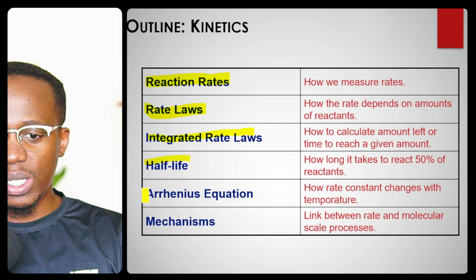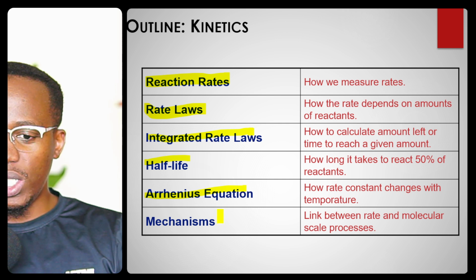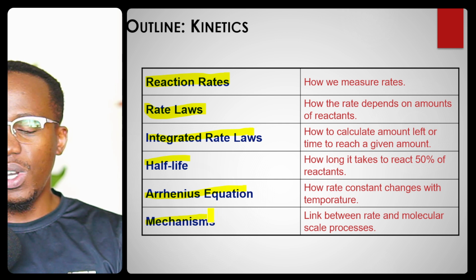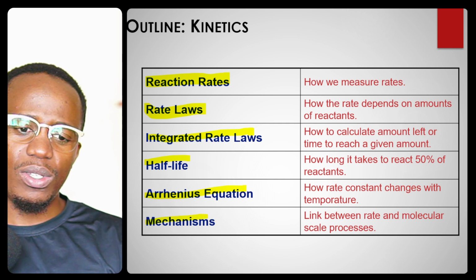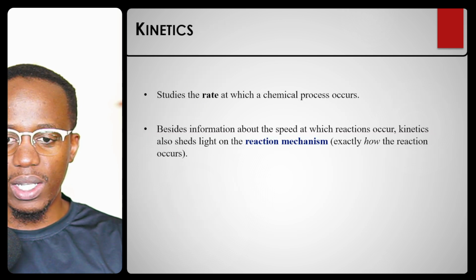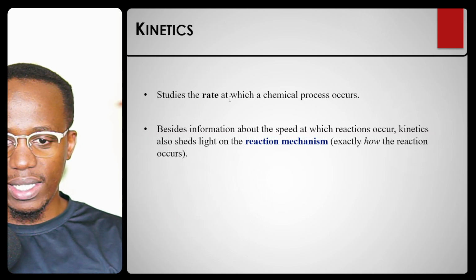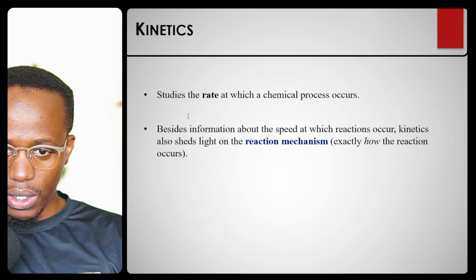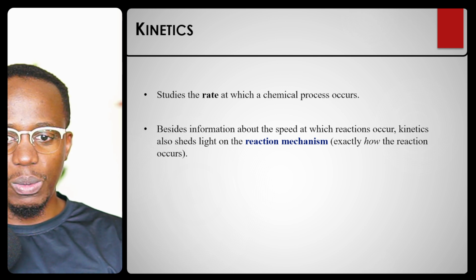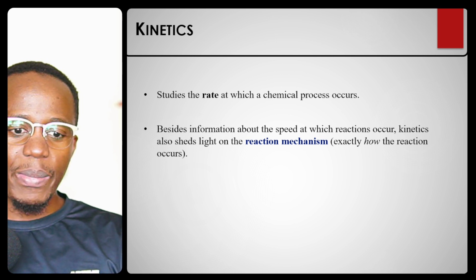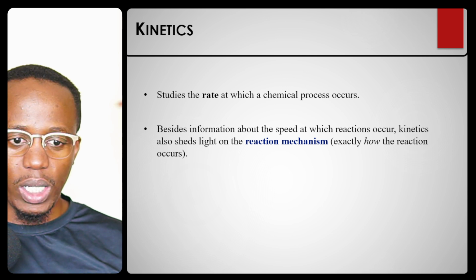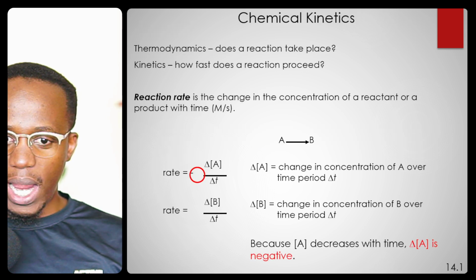We're going to talk about something called the Arrhenius equation, and then we're talking about a little bit of kinetics when it comes to mechanisms. So again, kinetics studies the rate at which chemical processes occur, and we will talk about the mechanisms as well.